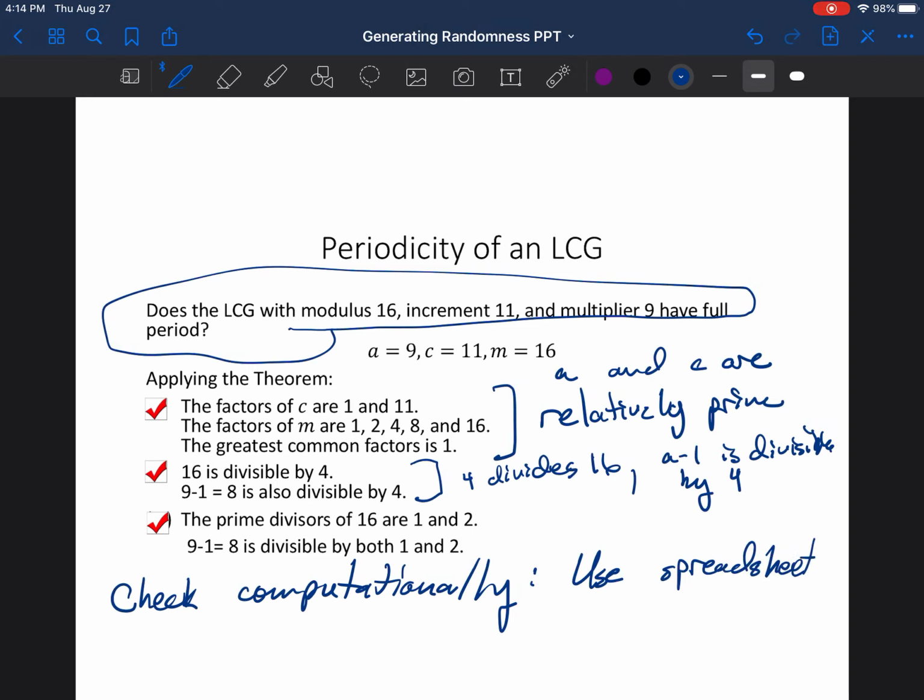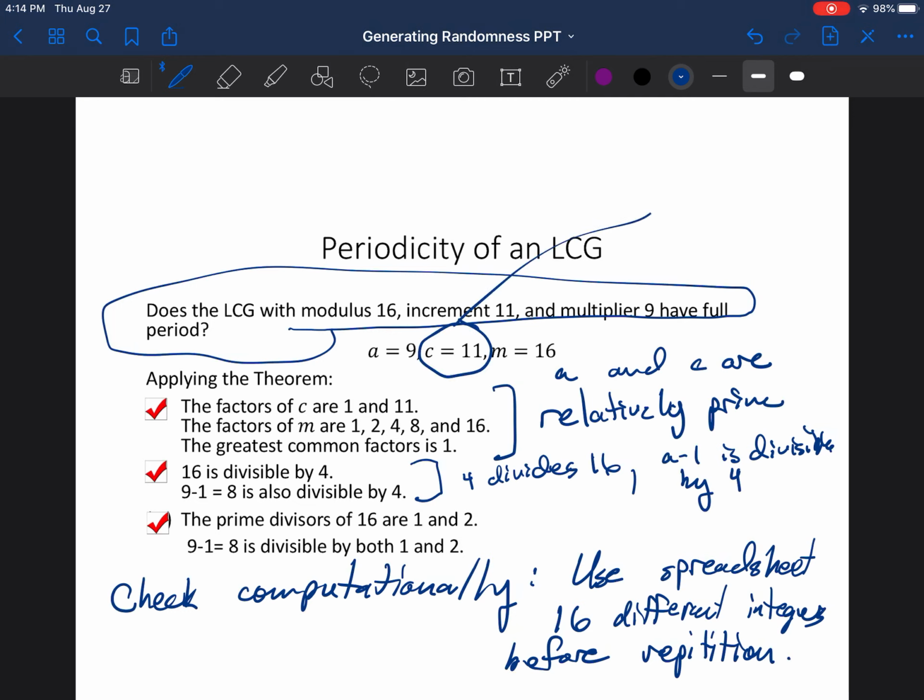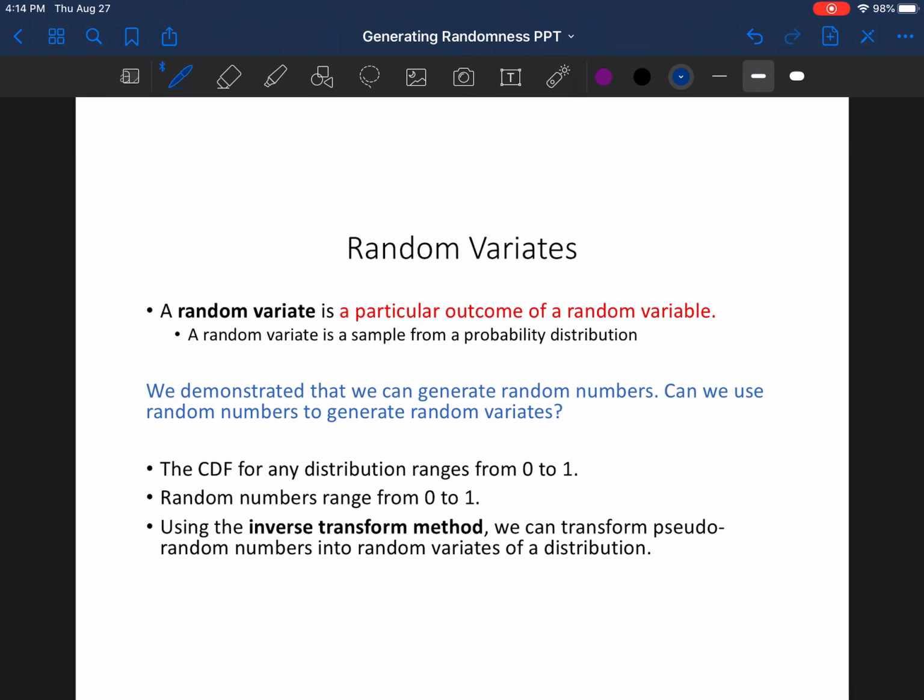And what you'll see is that you're going to get 16 different integers before there's a repetition, no matter what seed you start off with. I'll note that because C is equal to 11, this is a mixed LCG. Okay, I'm going to stop there.